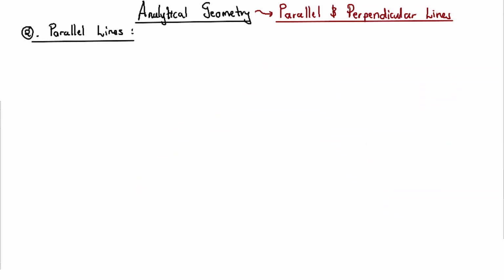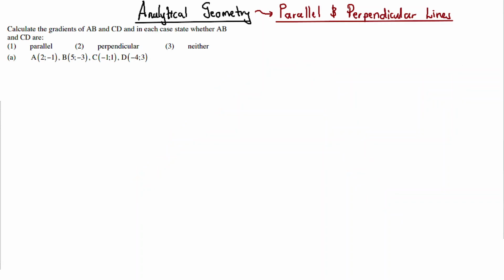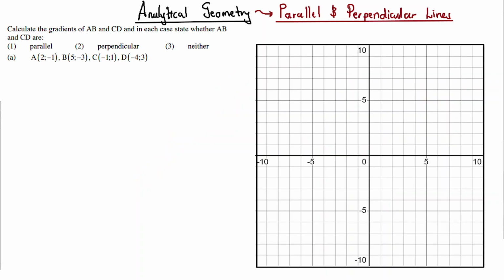Now let's take some examples. Let's have this Cartesian plane. They want us to calculate the gradients for line AB and CD. In each case, we should state whether AB and CD are parallel, perpendicular, or neither.